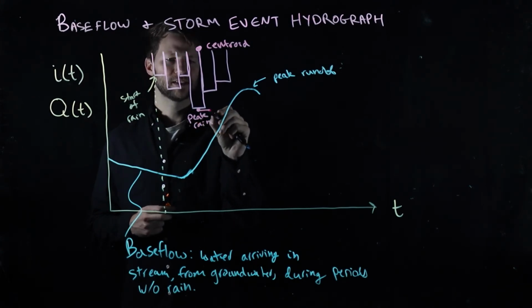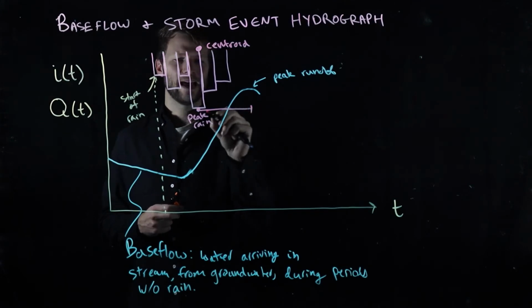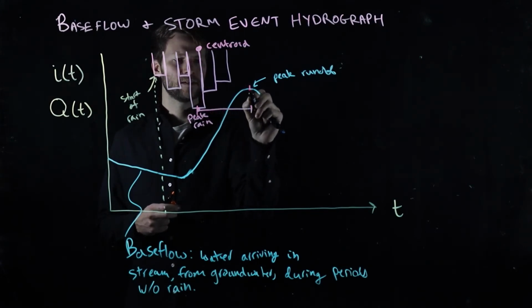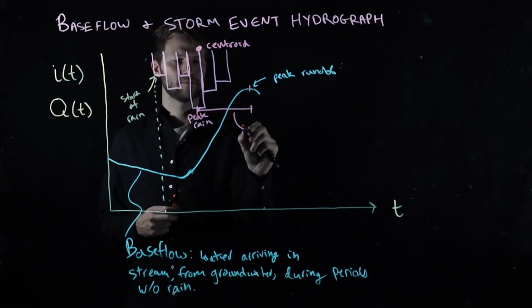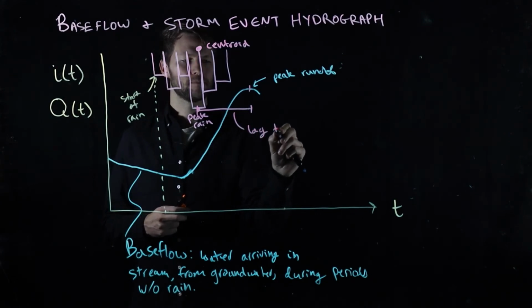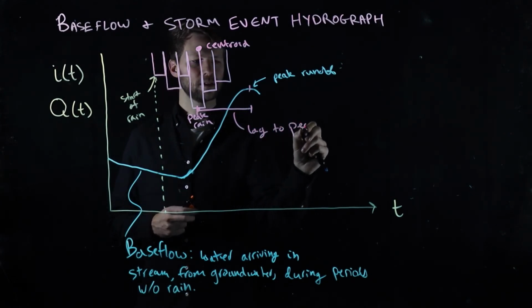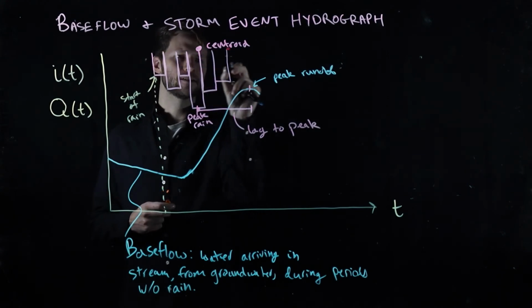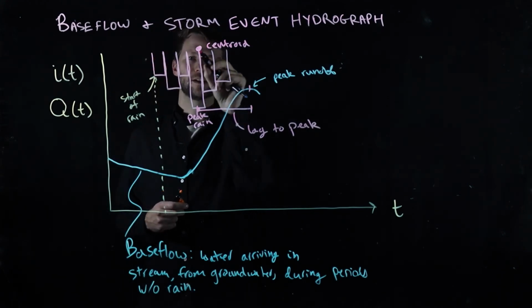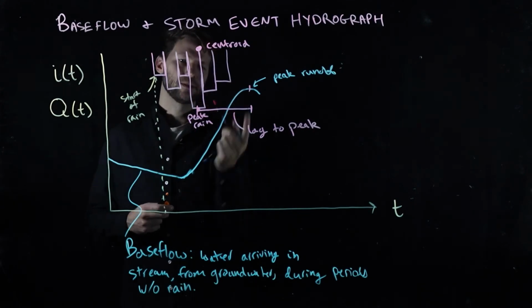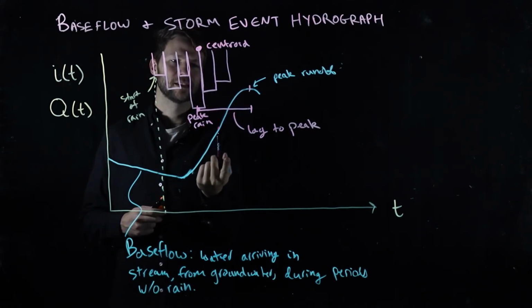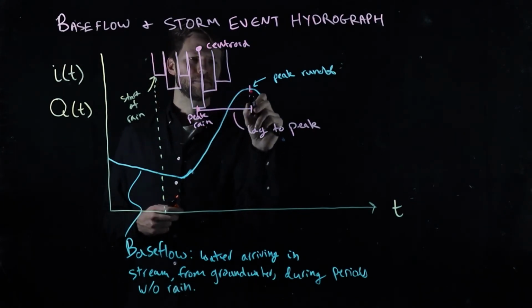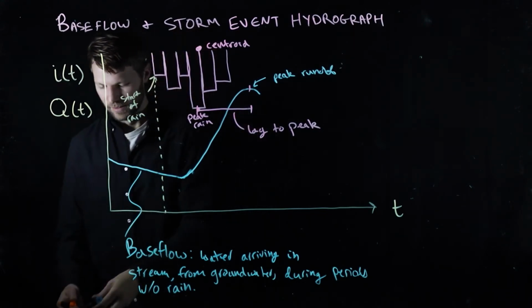And we could describe these different lags. So this would be a lag to peak. From peak to peak, this is a time, a response time of the stream to this event. And here you might have another lag to peak period, which is the centroid of the rain, the average. Like if you flip this over, it would balance on your finger to the peak here.